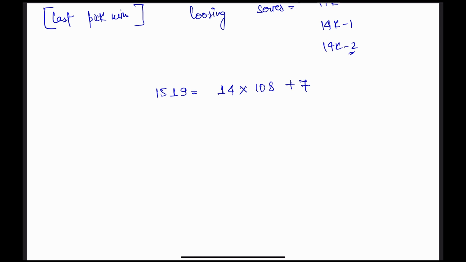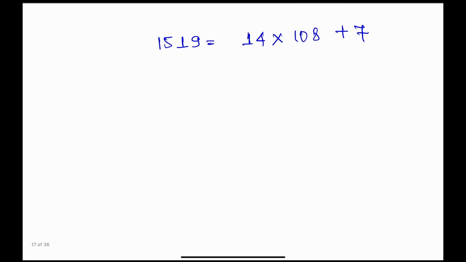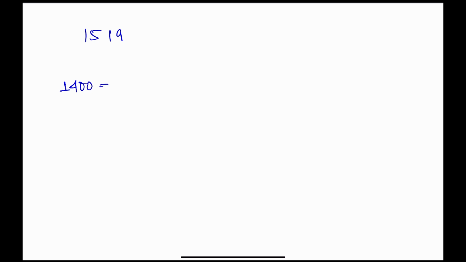There's one more way, let me tell you. If someone asks me, tell me 1519, so do one thing. 1400, we know that this is 100 into 4. How many are left? So it's easy to do. 119. The next one nearest to it is 14 into 8, which is nothing but 112.